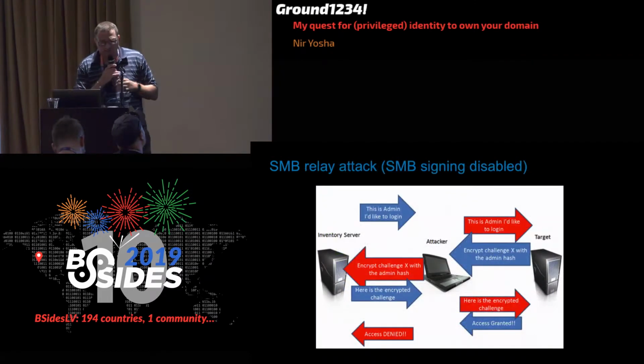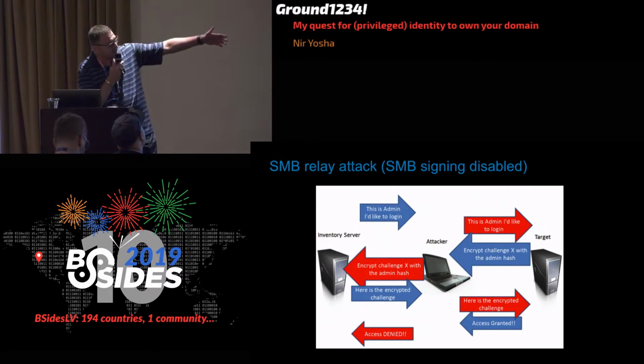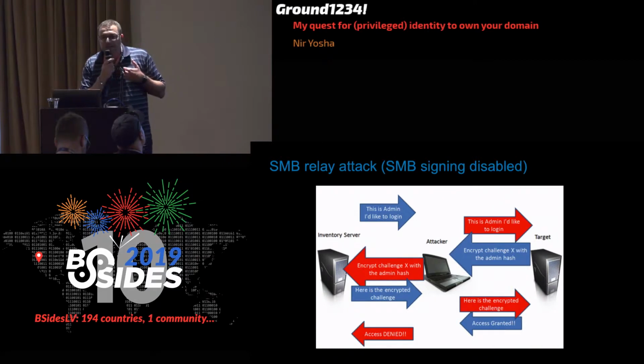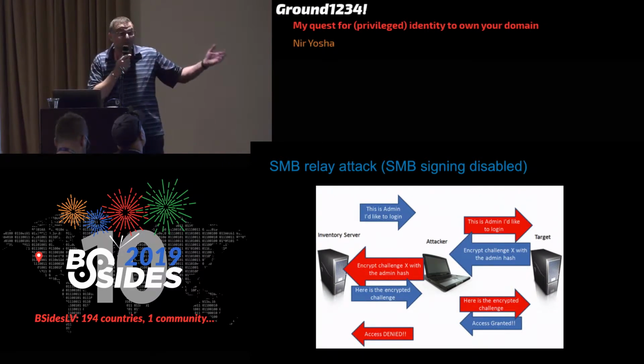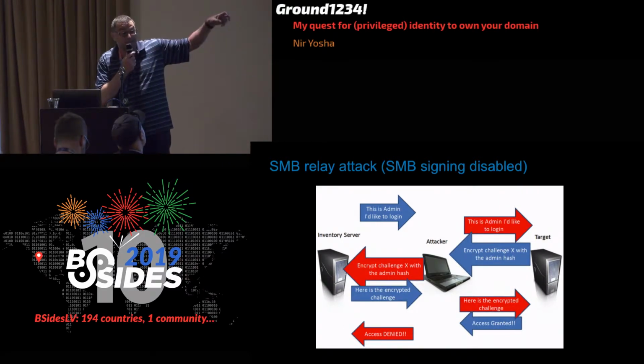But if it's not enabled, there's another cool attack, which is called the SMB relay attack, which is basically a man in the middle, where I somehow get my victim to try to authenticate to me with admin rights. Then I take the admin request and I forward it to the target.